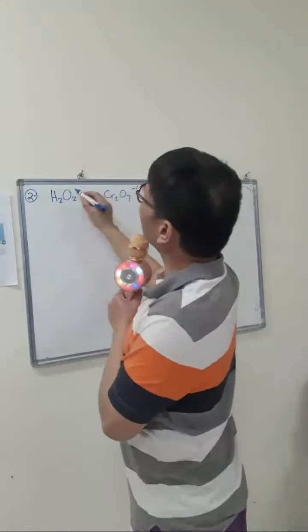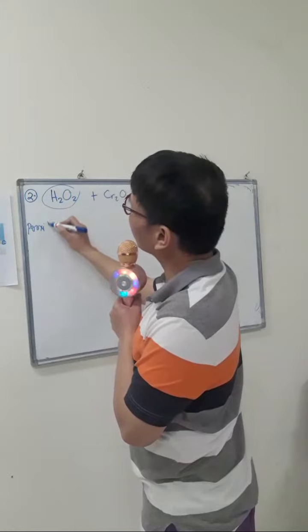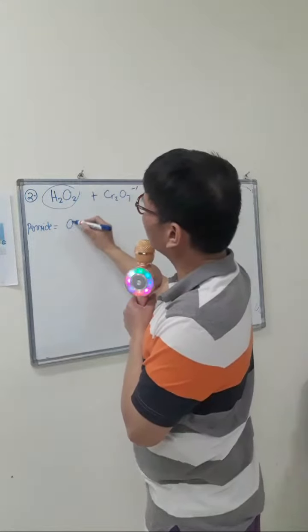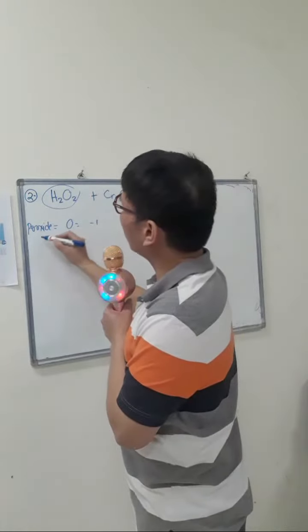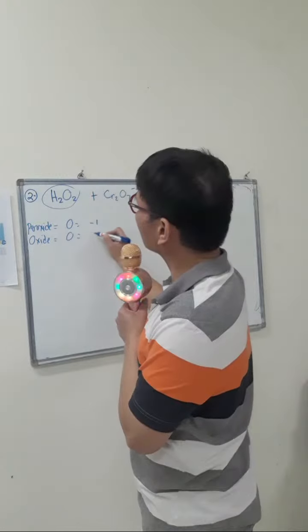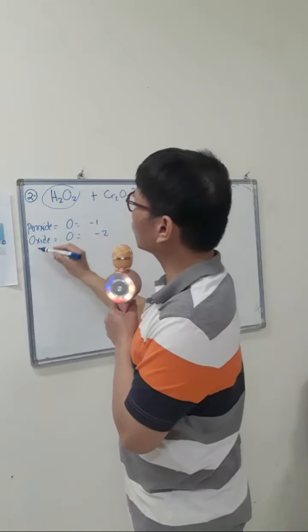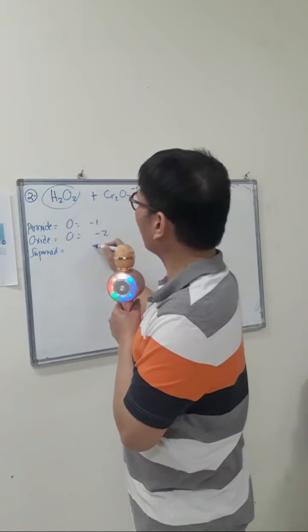Hydrogen peroxide. In a peroxide, oxygen has a -1 charge. The normal oxide is -2. And the superoxide is -1/2.